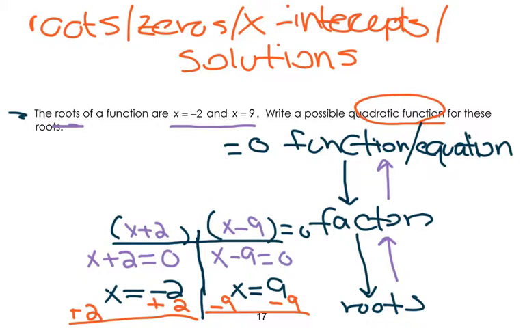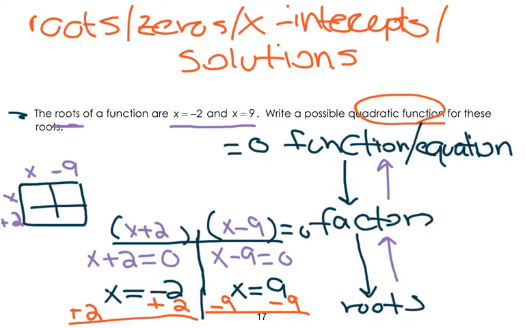I am going to model the area model for right now, a little bit on the side. This is a binomial, so it's going to be a 2 by 2. I'm going to have x minus 9 and x plus 2.